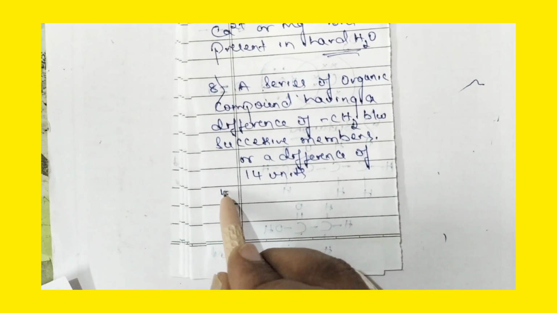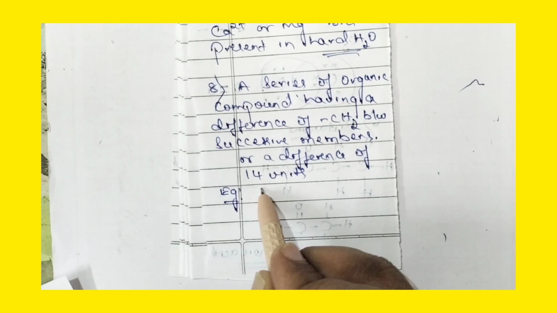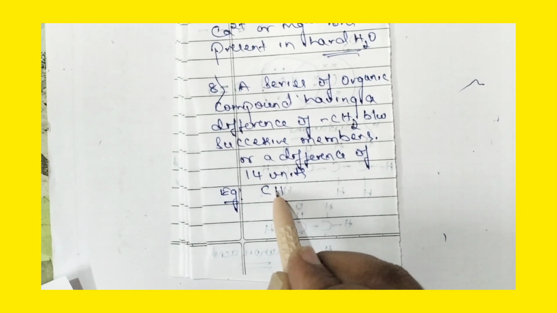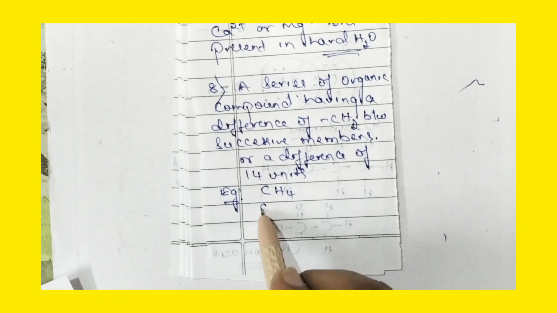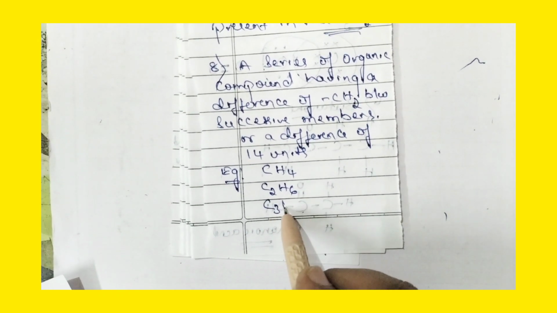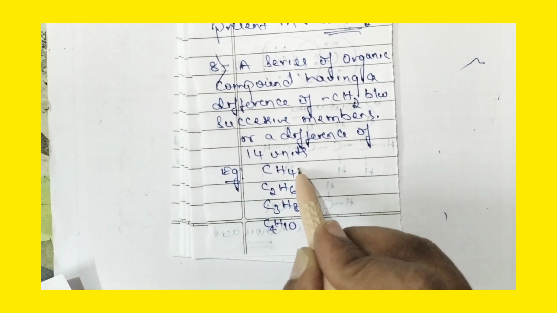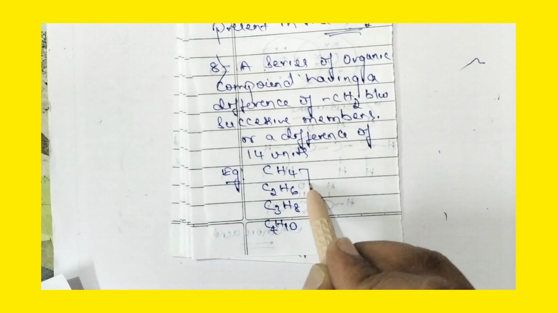So if I take an example of a series of organic compound of saturated hydrocarbon, that is alkane: methane, then ethane, then propane, then butane. The successive member of methane is ethane.